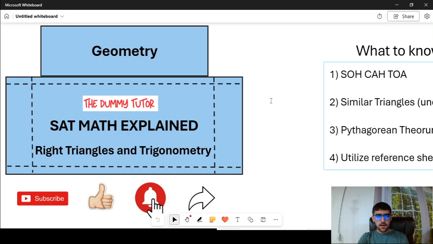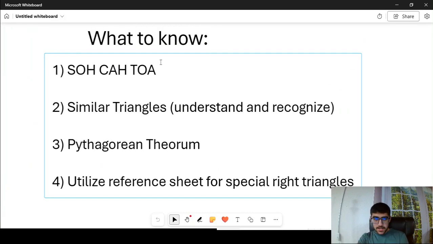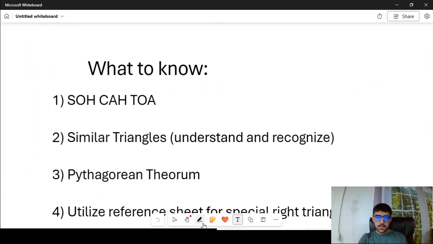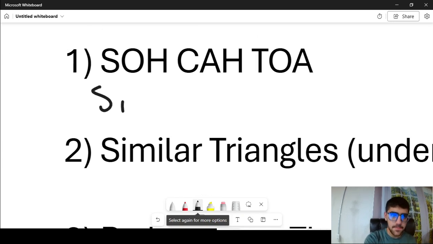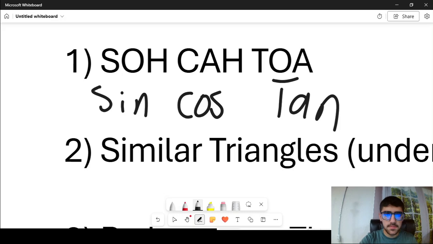So what do you need to know to solve right triangles and trigonometry questions? The most important thing is SOHCAHTOA. That's just a way to memorize sine, cosine, and tan. So what does this mean?